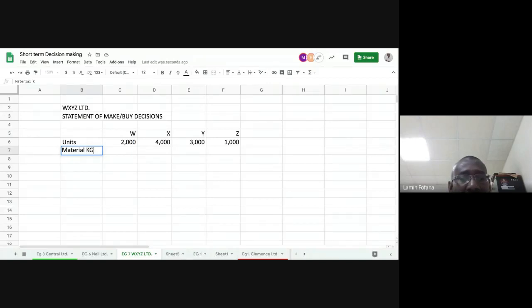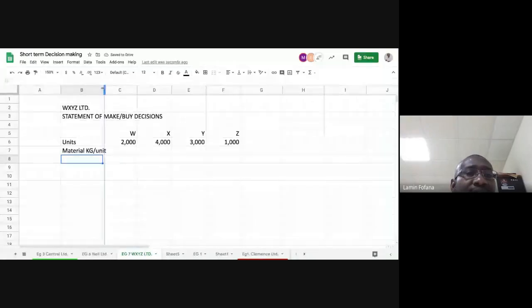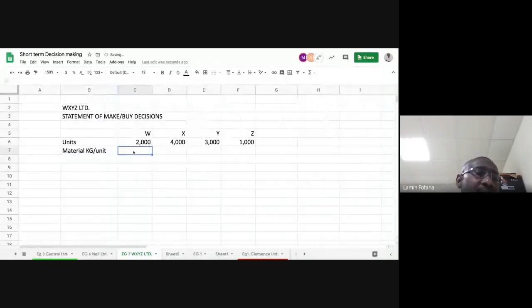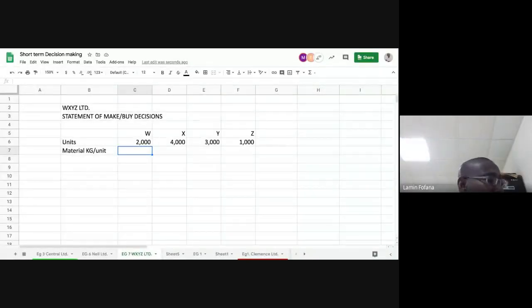So we have already been given the number of kilograms that we need for each unit. In order to produce 1 unit of W, how many kilograms of material do we need?